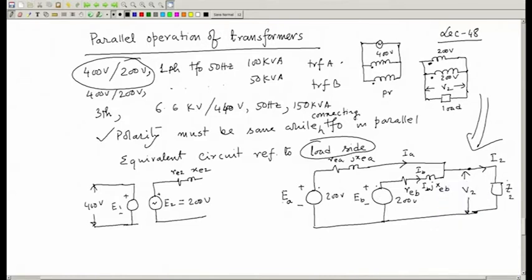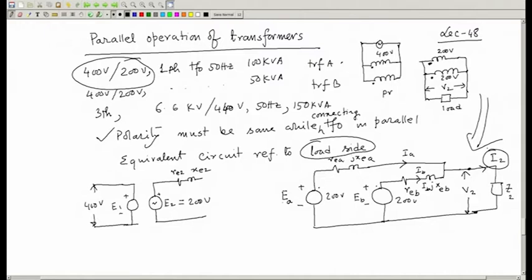This is otherwise a simple circuit that is to be solved, but we will be interested in noting, for a given load current I2, suppose this is known, what will be IA and IB, that is, how these currents will be shared.